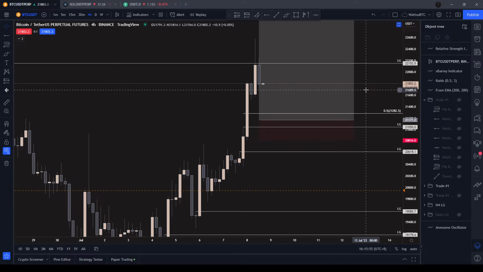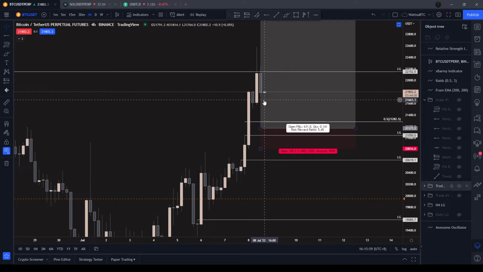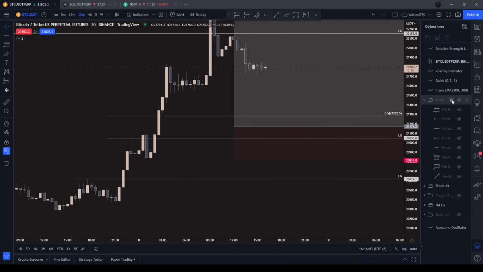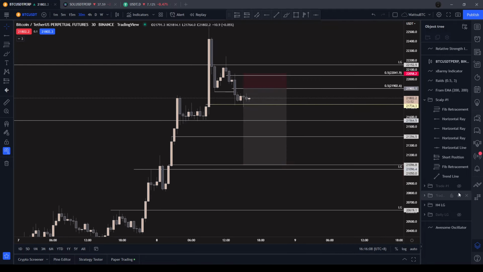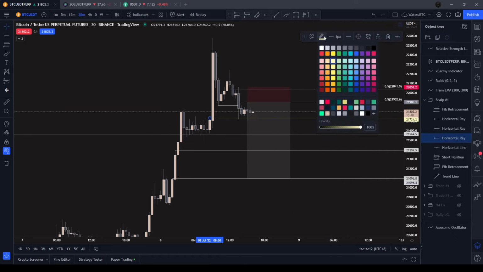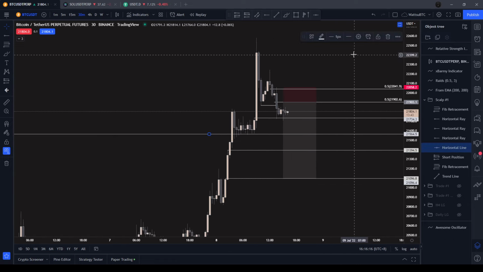But if you really want to trade, you can jump into the lower time frame, like I said, on the 30-minute time frame, and you can do your thing. If you have any sort of strategies or anything, you can use it as much as you want.